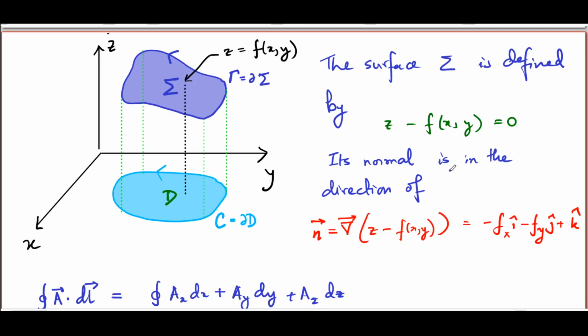The normal to this surface is of course going to be in the direction given by the gradient of this function whose constancy defines the surface. I am writing n vector here instead of n hat because we have not bothered to normalize this. I've just calculated the gradient. The length of this vector, of course, is whatever the length the gradient has.